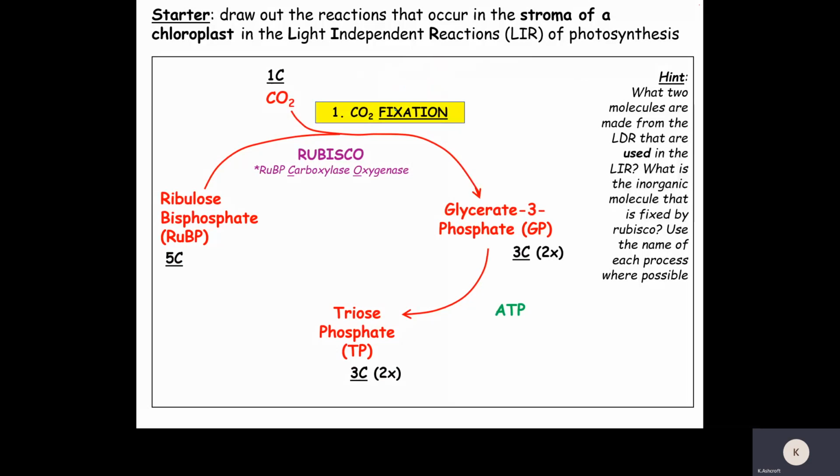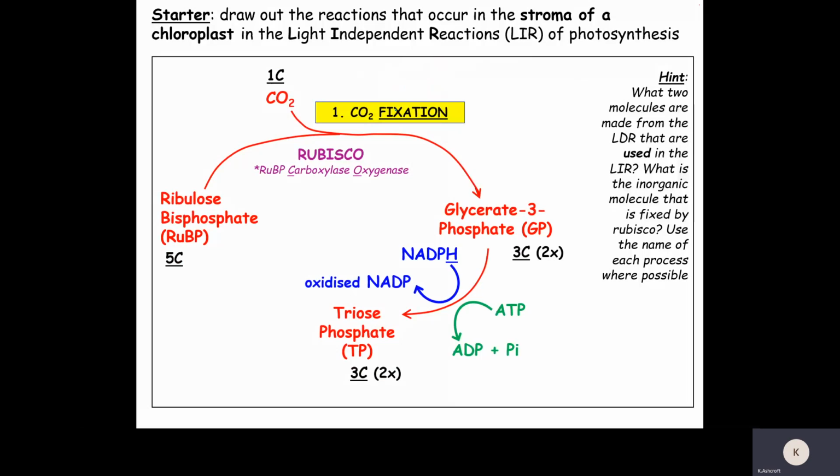The hydrolysis of ATP produces ADP and inorganic phosphate. Now the small packet of energy that gets released is enough to drive the reduction reaction of GP to triose phosphate using the hydrogen that is released from NADPH. So that hydrogen is used to reduce GP to triose phosphate with the small packet of energy from ATP hydrolysis.